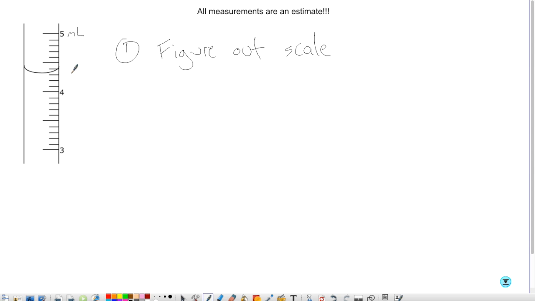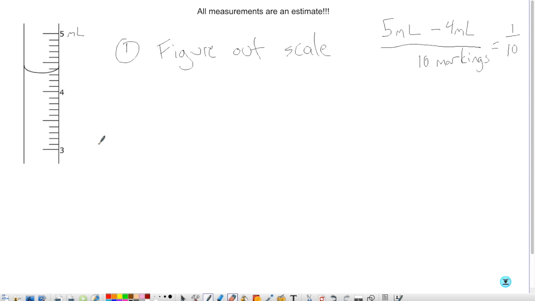So I go from 4 to 5, so 5 milliliters minus 4 milliliters, in 1, 2, 3, 4, 5, 6, 7, 8, 9, 10 markings. Which means my scale is 1/10, so a tenth of a milliliter, 0.1 milliliters. So this is how you could figure out the scale mathematically, or you could just look at it and figure it out.